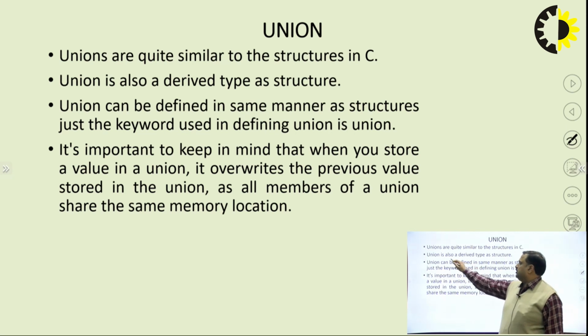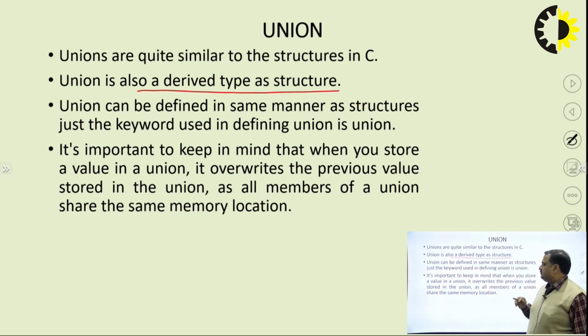So union is also a derived type structure, and it can be defined in the same manner as structures. Just the keyword used in the definition of union is union, and in structure that keyword is struct.